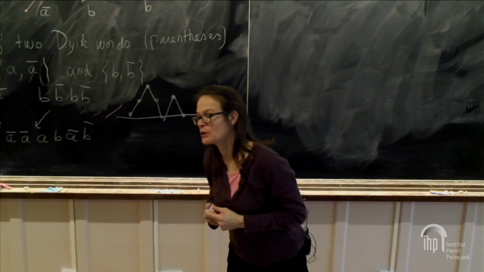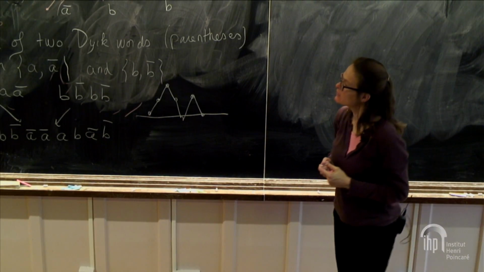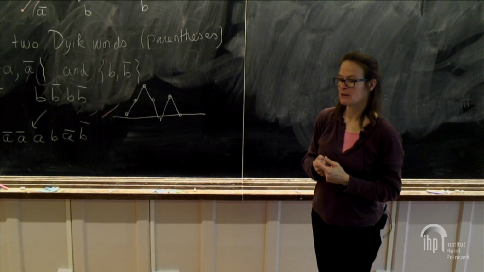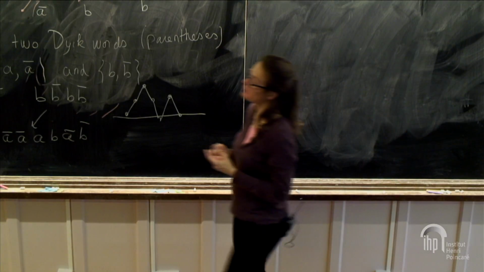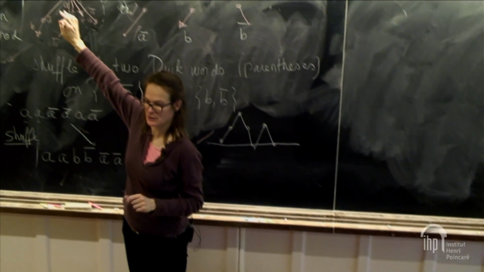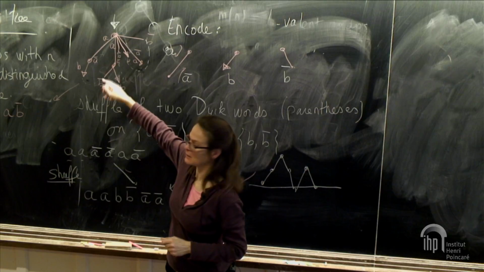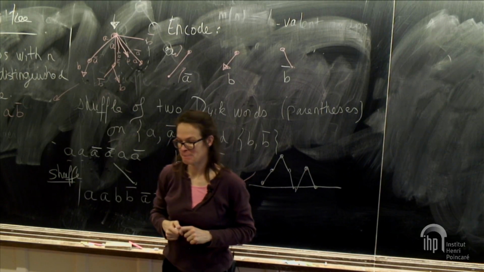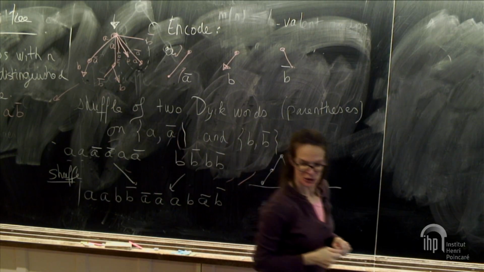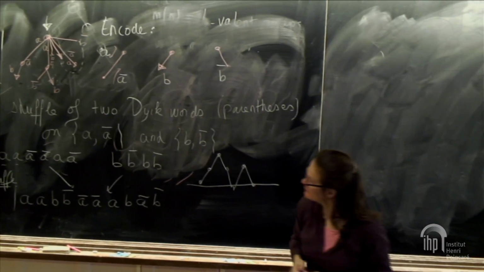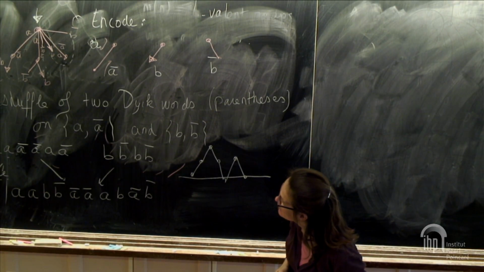The size of the two words. Yeah, so they have to sum to n, because every edge is now either in the tree, if it was an internal edge, or it's been cut into a B and a B bar. So that's indeed a condition.